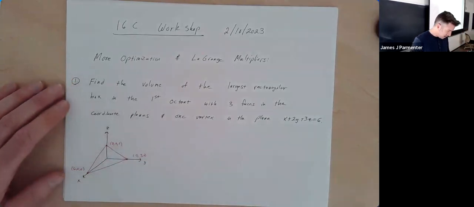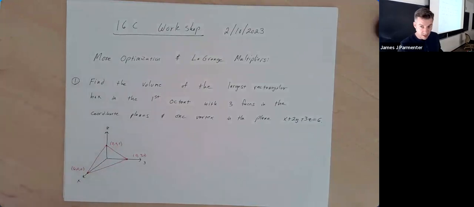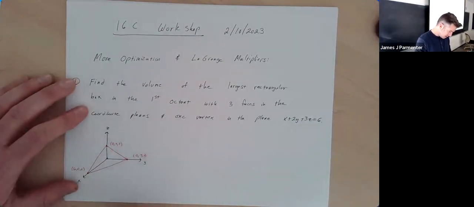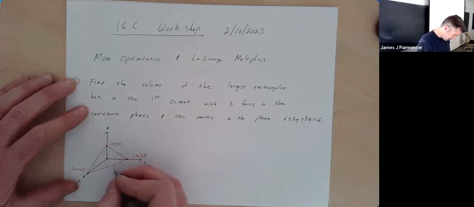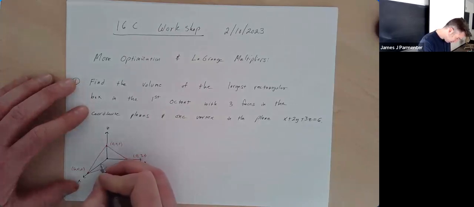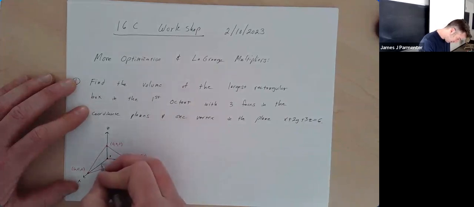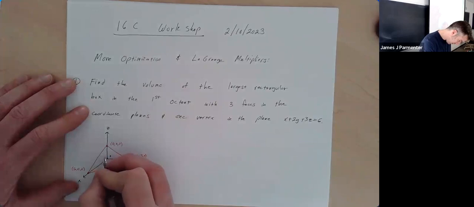And then we just connect the dots. There's our plane. And then the corner of the box that's opposite from the origin sits on this plane somewhere. So maybe it's like this way, and then this way, and then this way. I haven't drawn this perfectly, unfortunately.